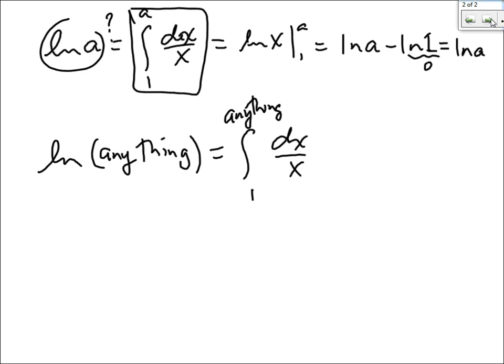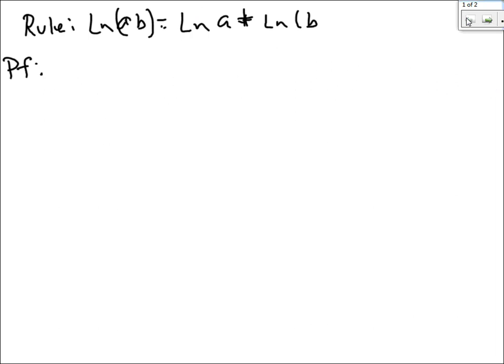Because if you think about it, if a was anything, I would just put anything here, and I would get ln of anything minus ln of 1, which is ln of the anything. Okay, so let's come back here. So therefore, ln of AB would equal the integral from 1 to AB of dx over x.